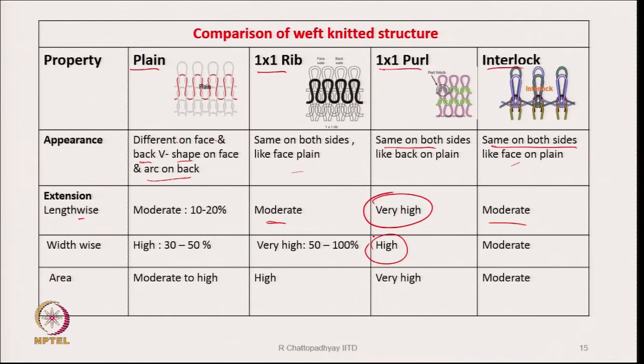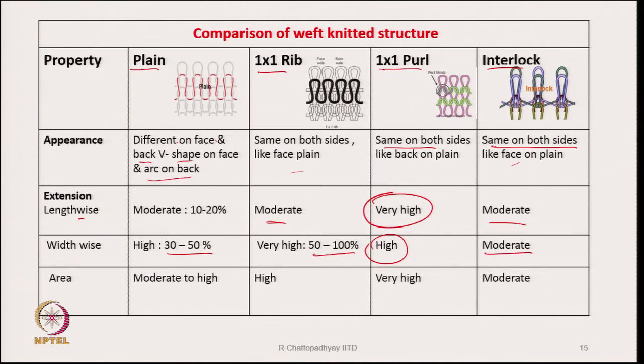So, purl gives you high extension both in the lengthwise and widthwise directions, whereas plain will give you high extension, 30 to 50%, in the widthwise direction, much higher in the case of rib, and for interlock it is just moderate.